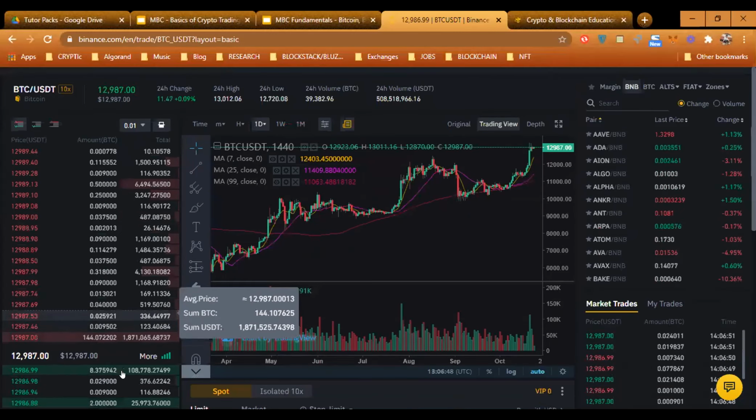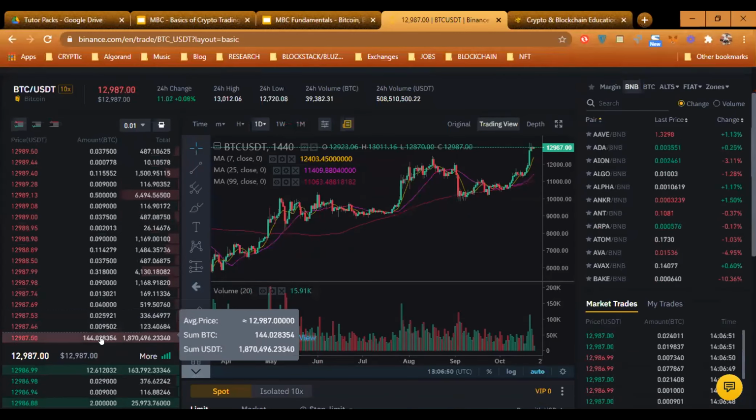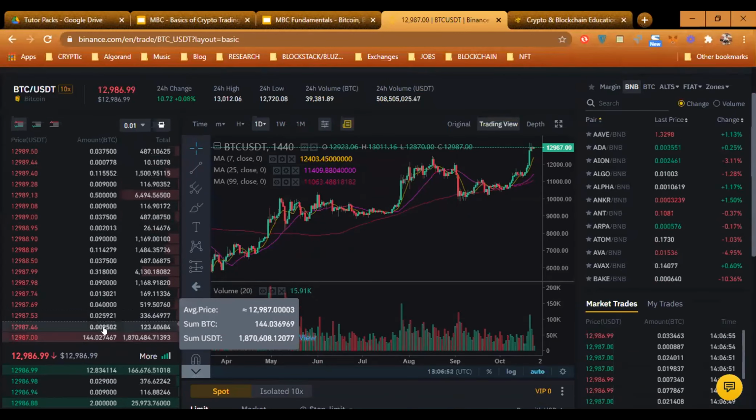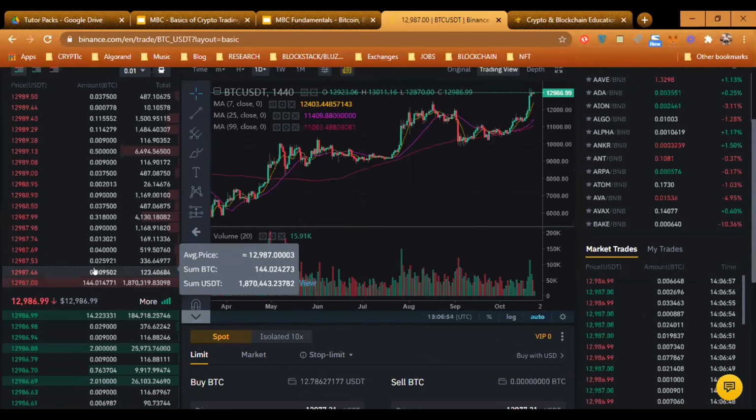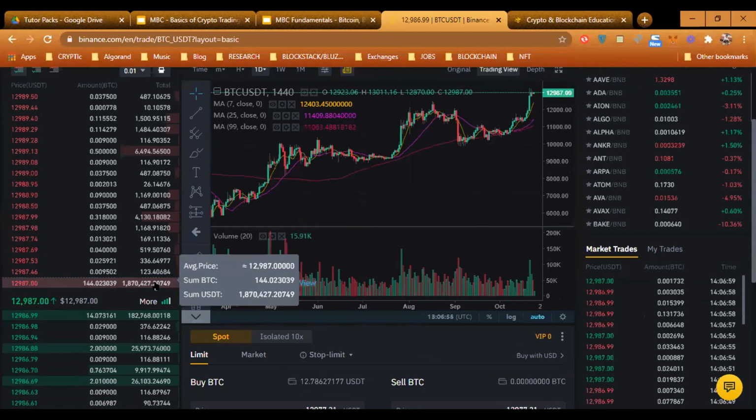Somebody wants to sell this amount of BTC. This is the total. Oh, this is huge. People are currently buying 100, that's this 134 BTC you're seeing.